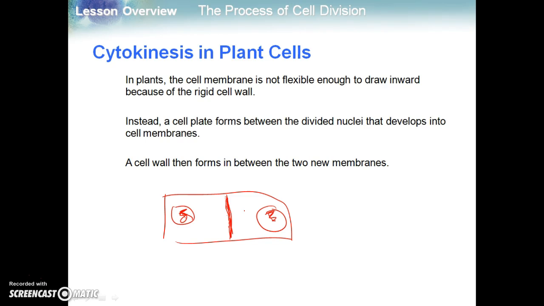Another important distinction between plant and animal cells in mitosis is that there are no centrioles in plant cells. We do have spindle fibers, but no centrioles.